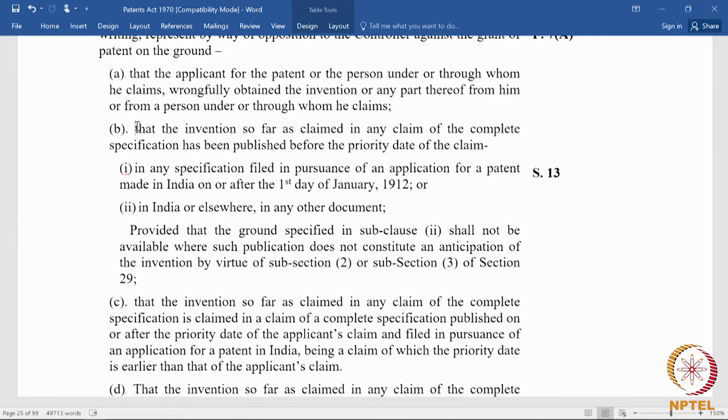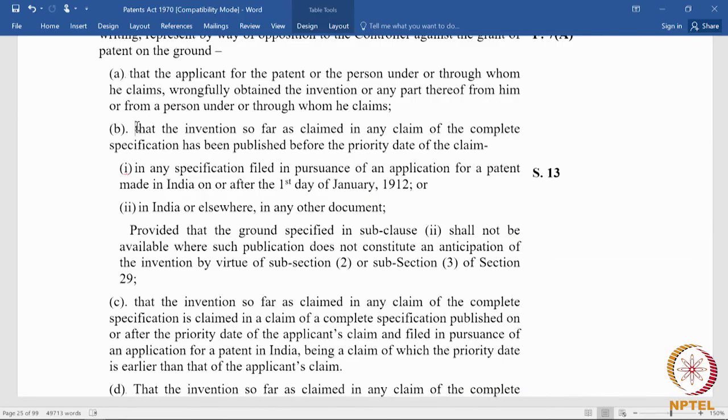29(3)(2) is an exception to anticipation. In fact, section 29 and all the sections near it deal with exceptions to anticipation. From 29 to 34, you have instances where certain acts will not amount to anticipation.